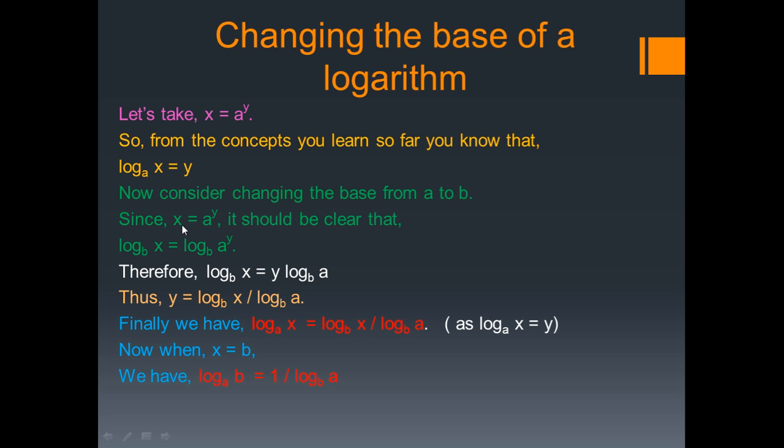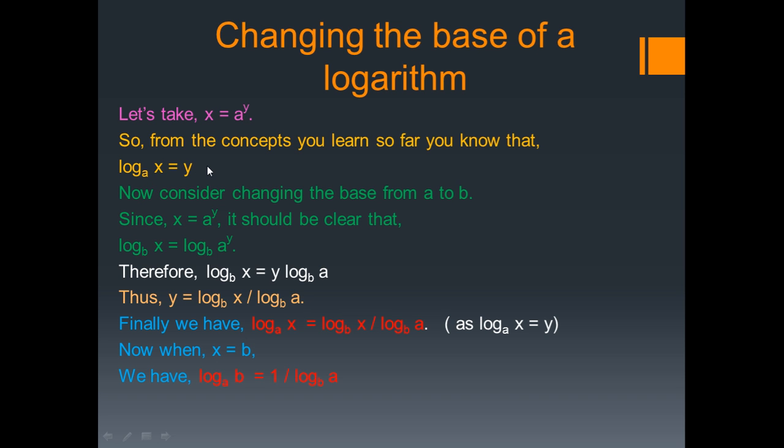So y is equal to log of x to the base b divided by log of a to the base b. You know that y is already log of x to the base a. So you can say that log of x to the base a is equal to log of x to the base b divided by log of a to the base b.